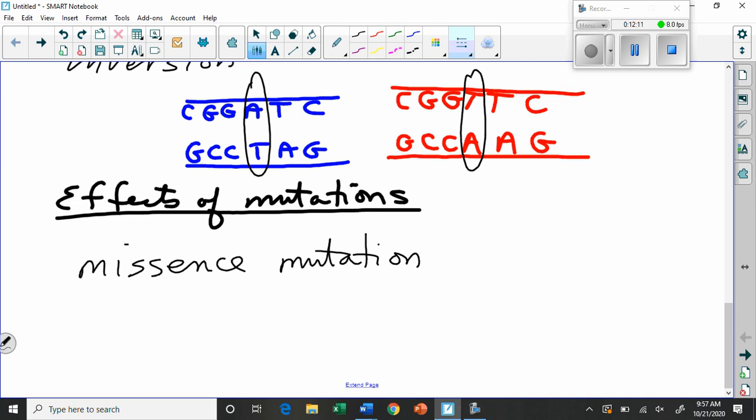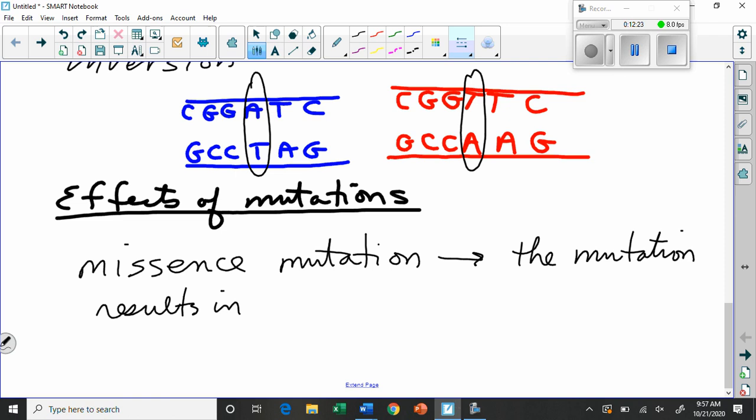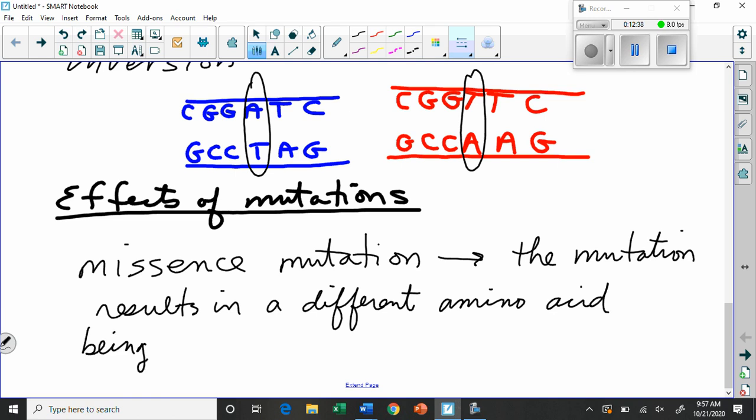And this means that the mutation results in a different amino acid being placed in the polypeptide chain.